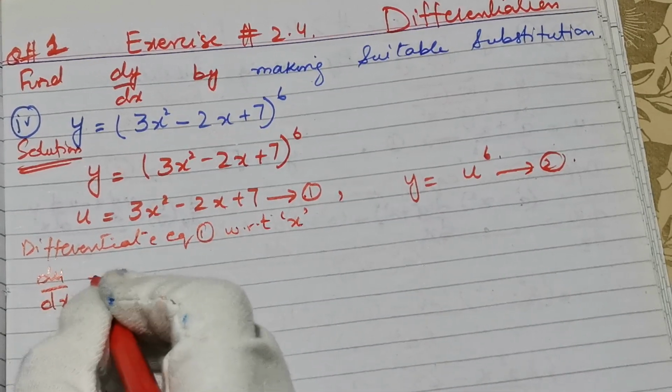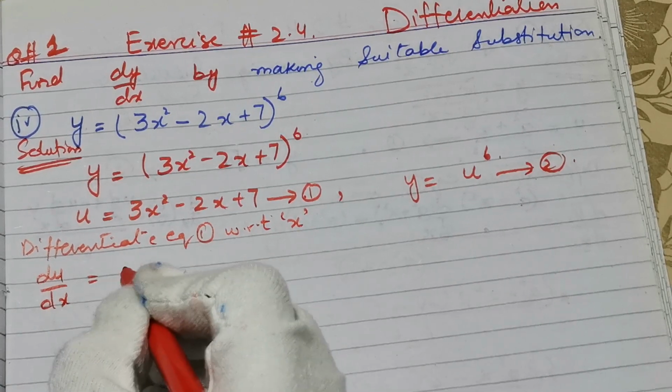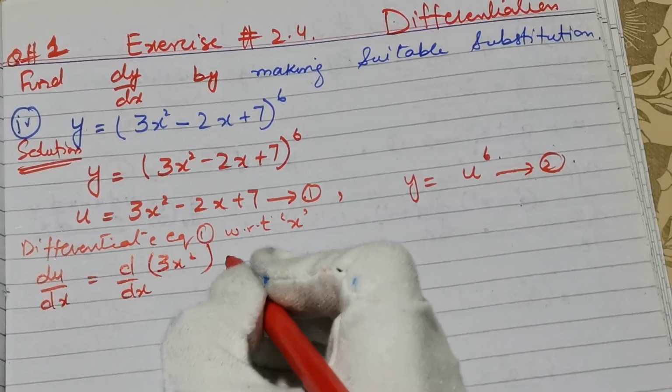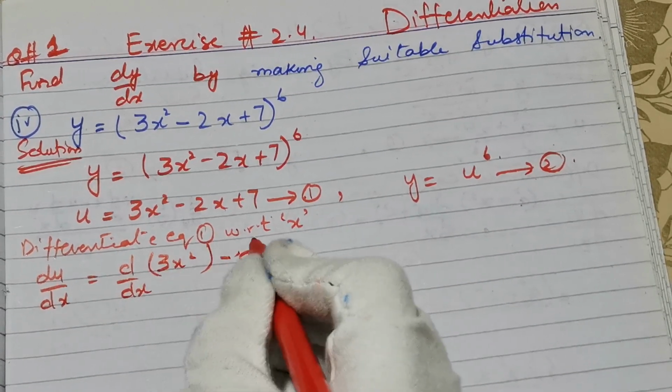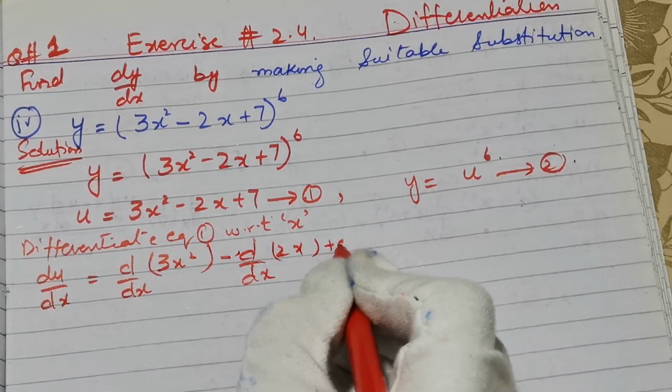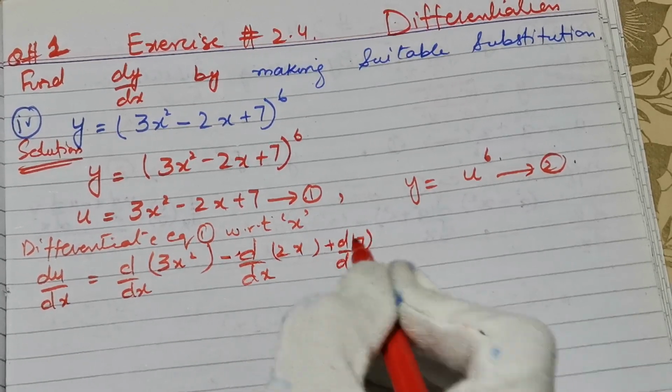du by dx is equal to d by dx 3x square minus d by dx 2x plus d by dx 7.